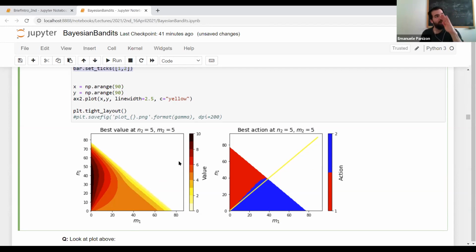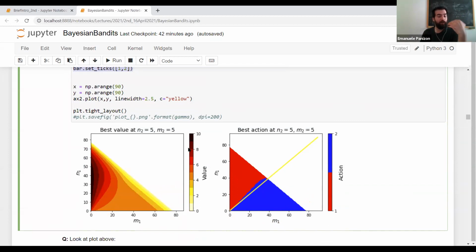So instead we fix n2 equal 5, which means that my current belief for Q2 is a belief more centered on fairness, because this is equivalent to a history of 4 successes and 4 failures. So I have not a strong belief, but I have a belief of a fair coin. And now I'm looking at all the possible states of belief for the other arm. You see what I'm doing.